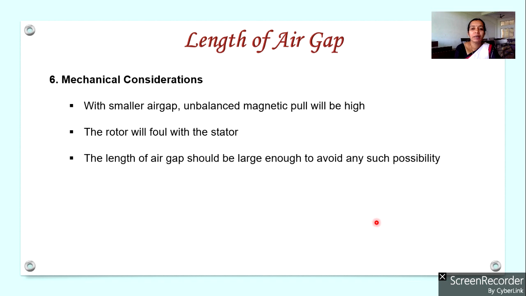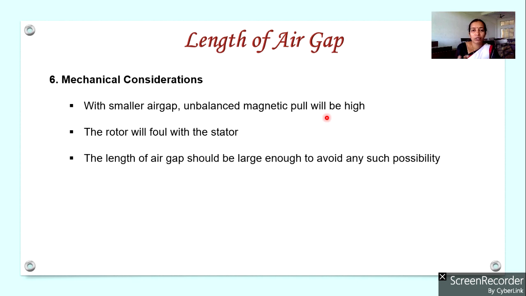The next point is the mechanical considerations. Under this point, we are going to consider the unbalanced magnetic pull. We have studied unbalanced magnetic pull in the first module, and if you refer to that equation, you can see that unbalanced magnetic pull is inversely proportional to the length of air gap. So if we are using a smaller air gap, unbalanced magnetic pull will be more. Due to unbalanced magnetic pull, there will be some eccentricity.